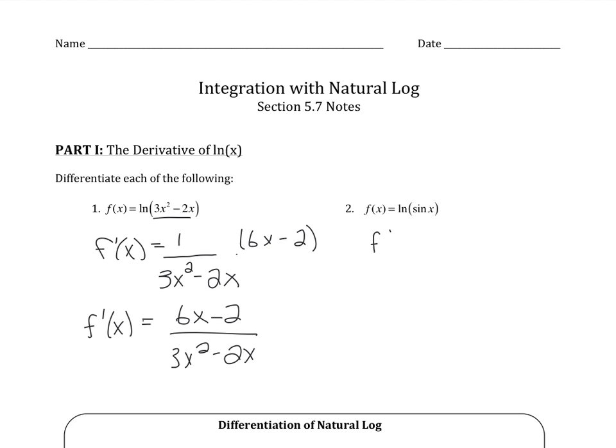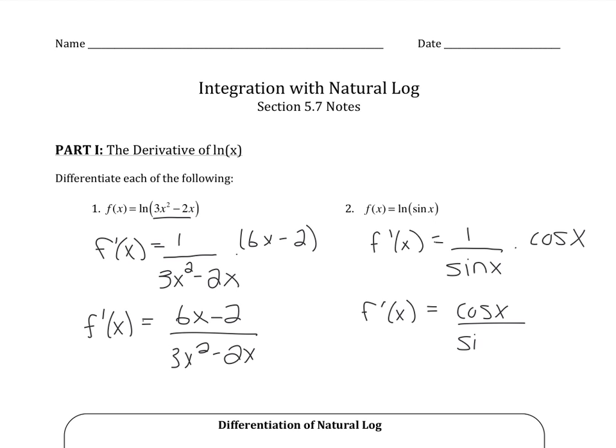In this case, f prime will be 1 over the thing inside, so 1 over sine x, and then from chain rule, the derivative of the inside, which would be cosine x. So again, just to clean things up, f prime here is cosine x over sine x.